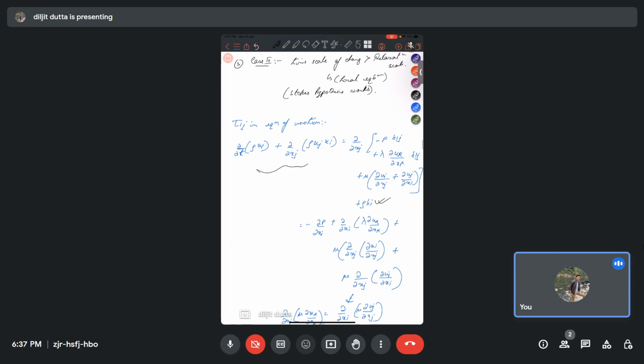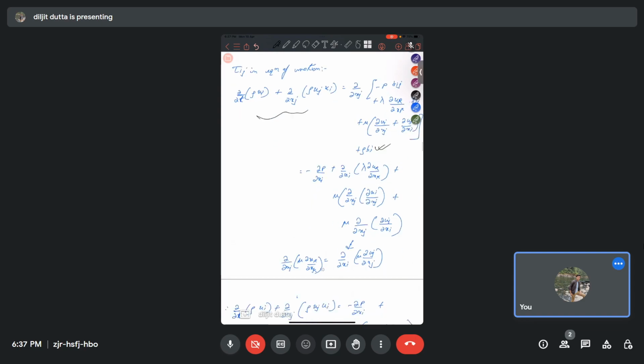So after expanding the terms, what do we get? We will get minus del p by del xi, since del by del xj is multiplied by delta ij, so only the ith term will remain. Plus del by del xi of lambda into del uk by del xk.